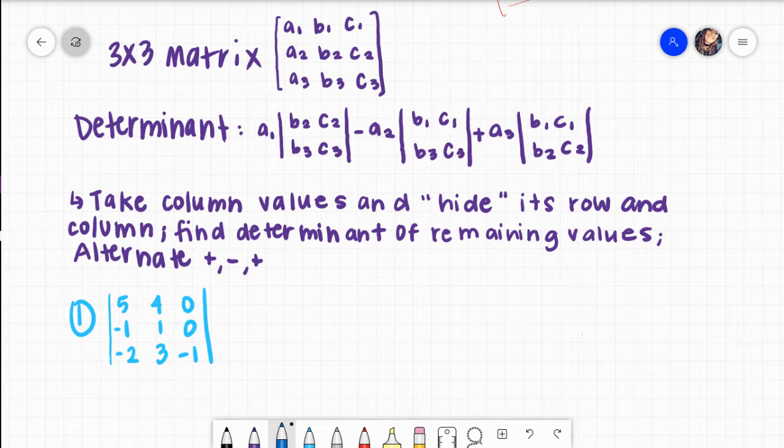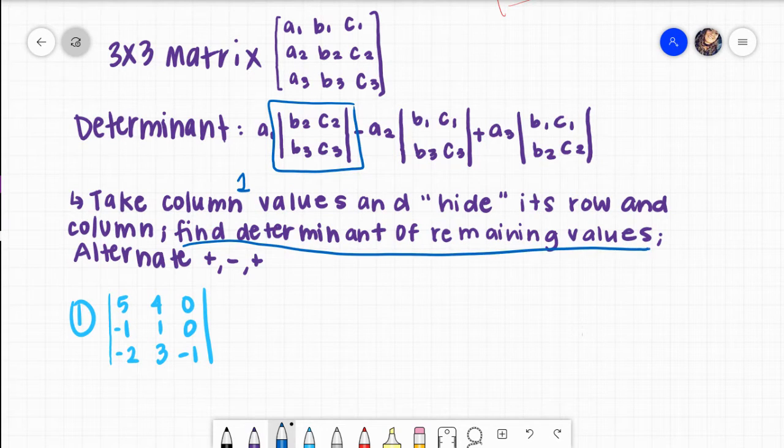So that's what I mean by take the column 1 values and hide, quote unquote, y'all, hide its row and column. Okay, so let's just look at this as an example. That A sub 1, and then if you notice right here, I'm taking the determinant of the remaining values.